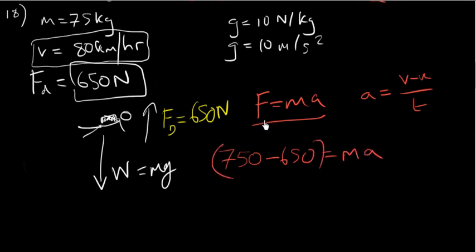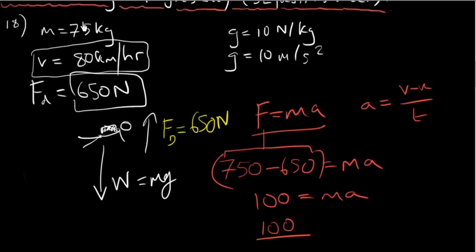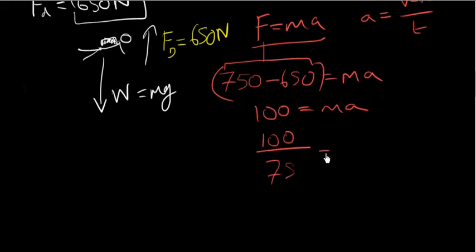That's our resultant force. When we do that, we get 100 newtons of spare force that we have left. It's equal to ma. We divide both sides by m, since its mass is 75 kilos, we bring it to the other side dividing, and we get our acceleration.